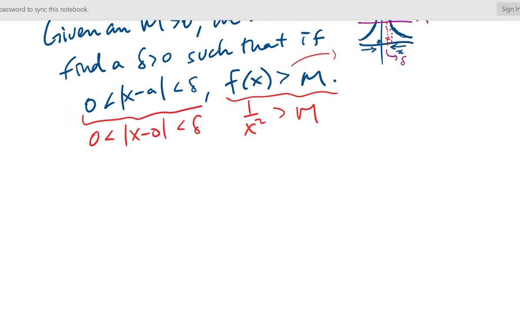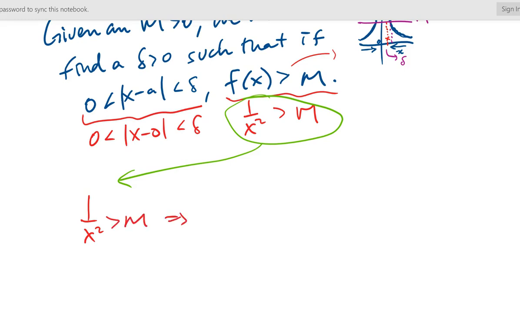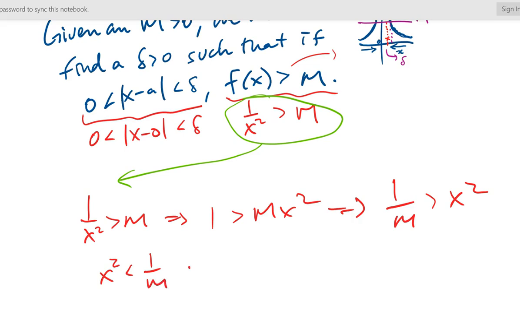So as usual, we play around, we manipulate the f of x part. I'm going to take that over, and I have 1 over x squared greater than m, which implies then that 1 is greater than m x squared, multiplying both sides by x squared. x squared is positive, so it doesn't flip the inequality sign. m is positive, so I can divide by it without any problems. So we have x squared is less than 1 over m. Now I'm going to take the square root of both sides.